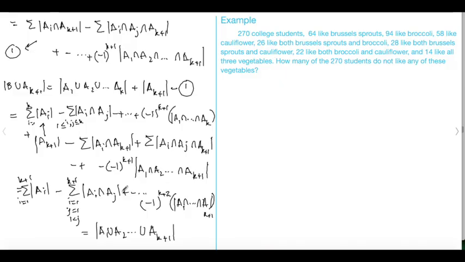And if you see some texts, they also talk about a proof in which they assume an element in a specific number of sets, and then they check that this term will make sure that the element is only counted once. So this is another strategy you can employ, and I have no bias for any strategy.